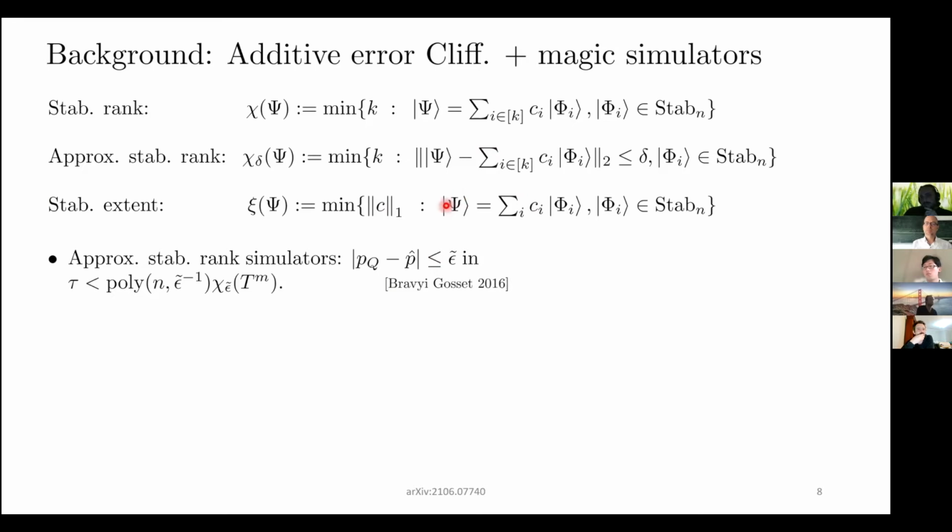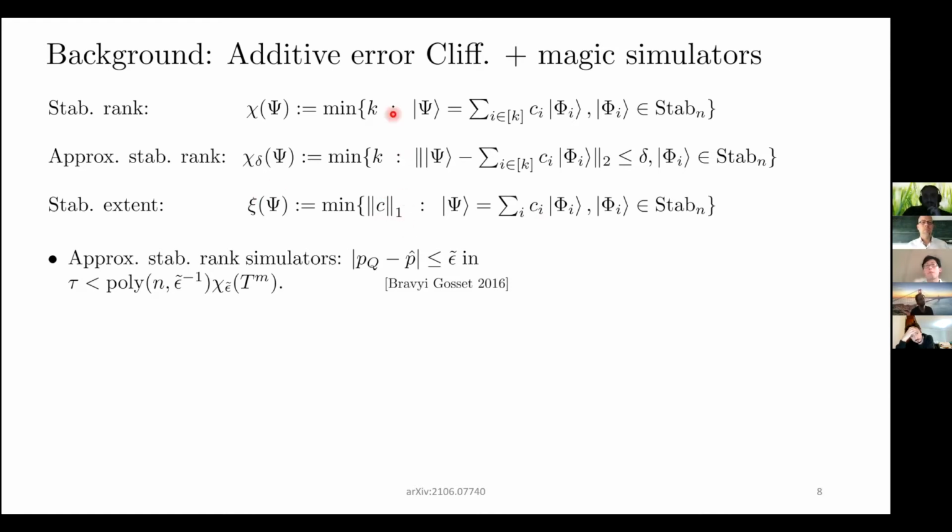Given your target state, you write it as a linear combination of stabilizers, and there are lots of ways to do that. What you do is choose the way that minimizes the L1 norm of the coefficients in this decomposition, and the stabilizer extent is that minimum L1 norm.